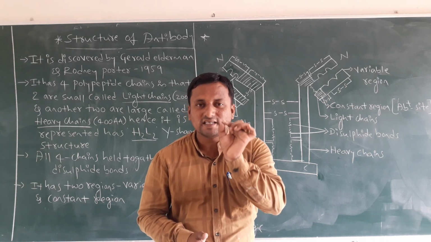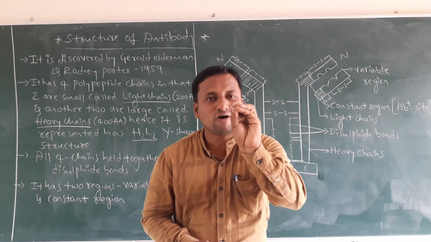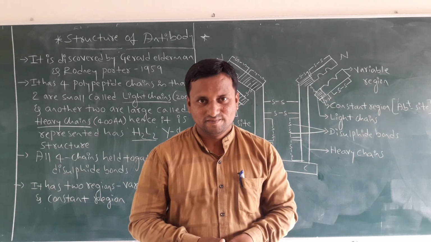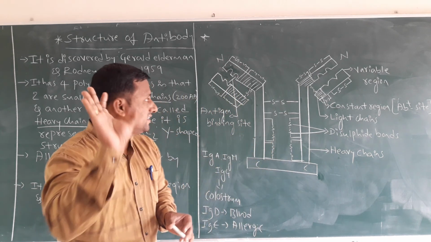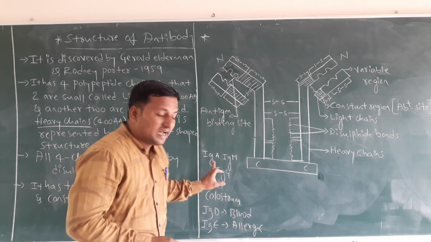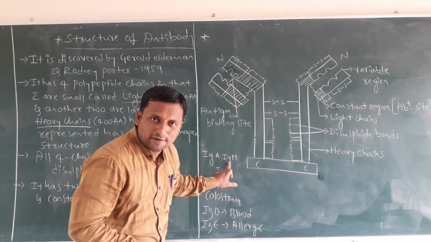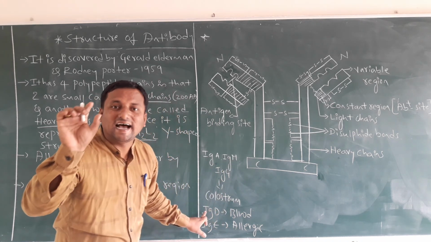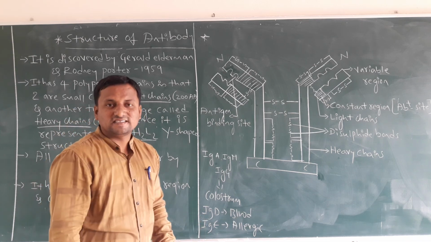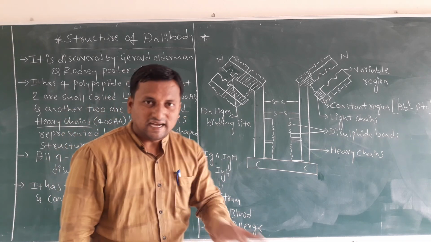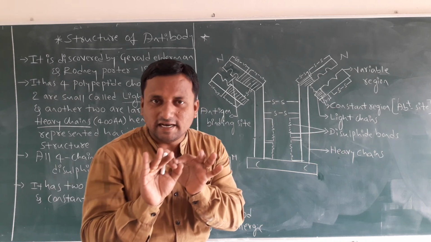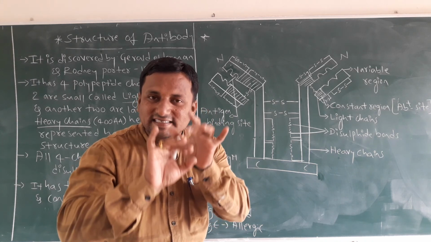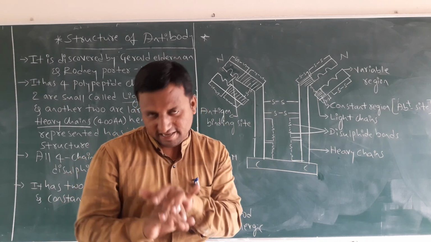There are 5 types of antibody molecules: IgA, IgM, IgG, IgD and IgE.